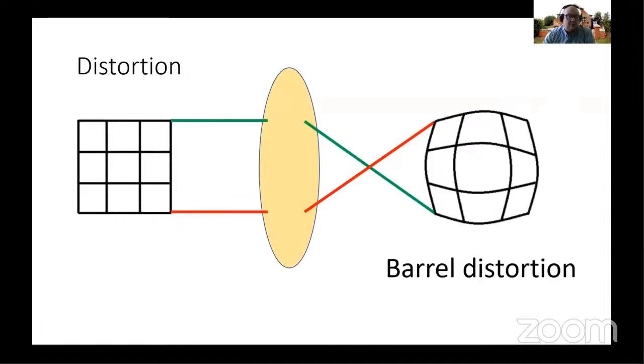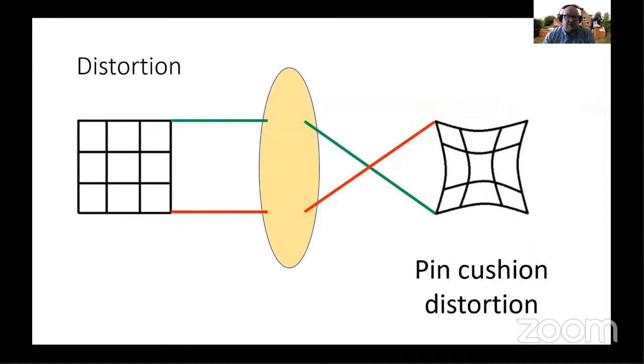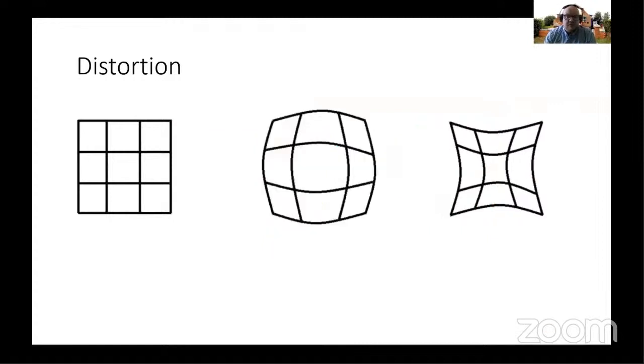But there are two main types of distortion. One is called barrel distortion. So this is where, again, the image looks nice and crisp and sharp and focused, but the image has been distorted. And in this situation, it's like it's being stretched over a ball. And then the other version is called pincushion distortion, where it's as though it's being pulled away from you from a central point.